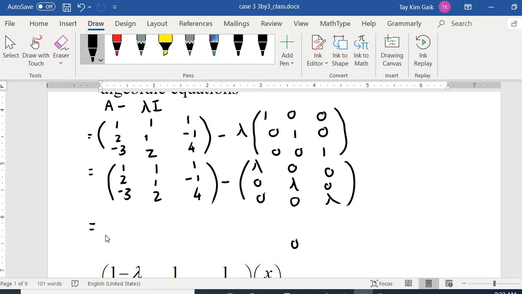Taking A minus lambda I, we only have changes at the diagonal.